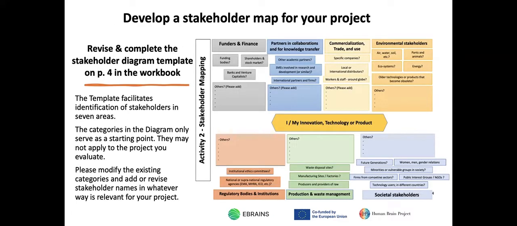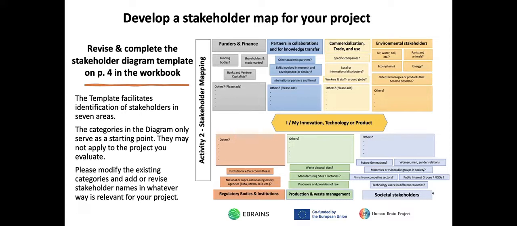On page 4 of the workbook, you find the following draft diagram. This shall serve as a template for you to reflect on the different types of stakeholders that are involved or that will be affected by your research or innovation. The template provides already a few ideas of possible stakeholders, but these shall mainly serve as an inspiration.